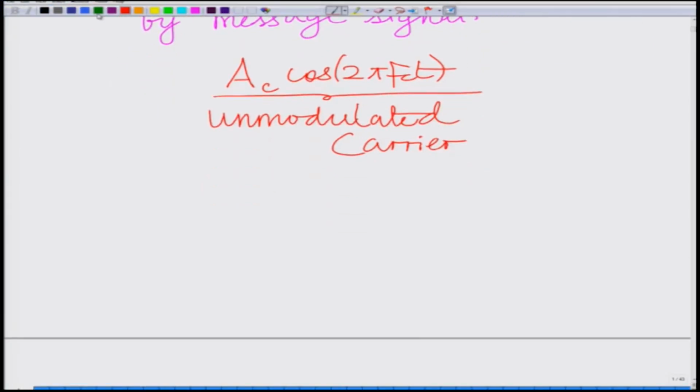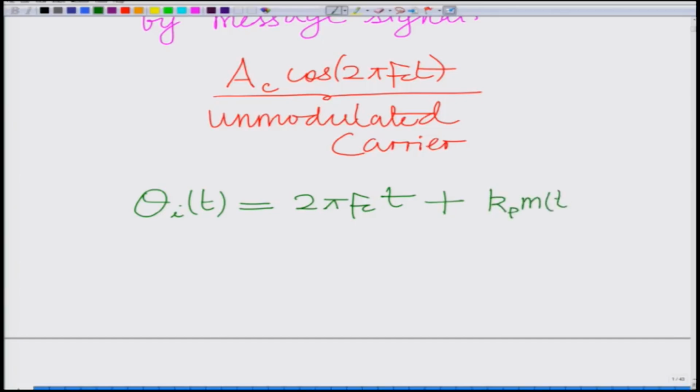So, if I take the phase, that is theta_i of t, and modulate it as follows: this is the unmodulated phase, 2 pi f_c t, plus now modulated using a message signal, that is m(t), where m(t) is the message signal.